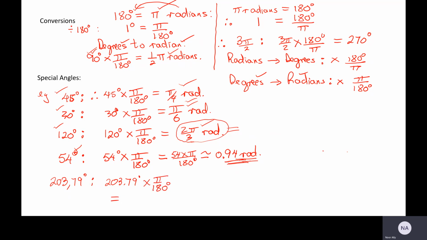On the calculator, 203.79 times pi, divided by 180, I get an answer of 3.557.